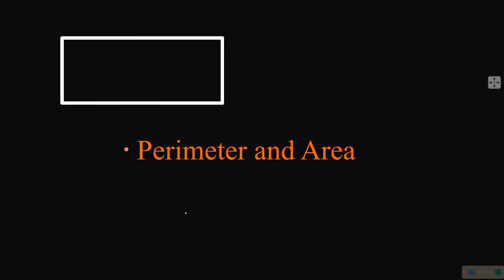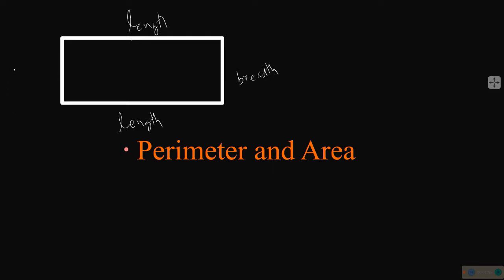This is a rectangle. If you are talking about the perimeter of it, you should have an idea about its length, which can be written here as length, L-E-N-G-T-H. This is also length, and this is breadth, you know that.